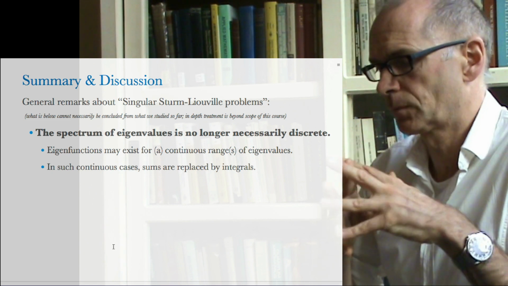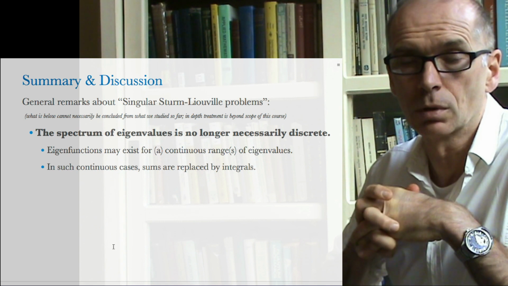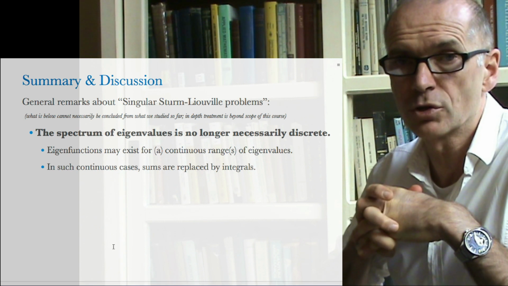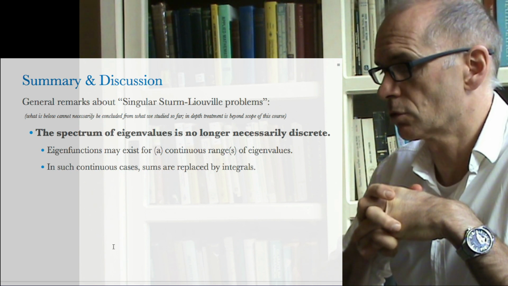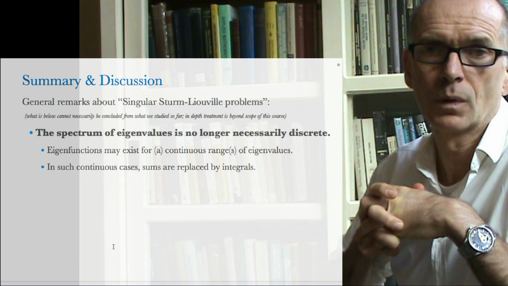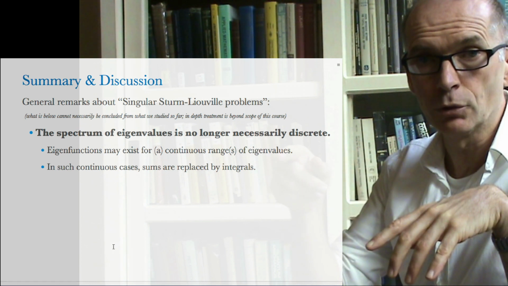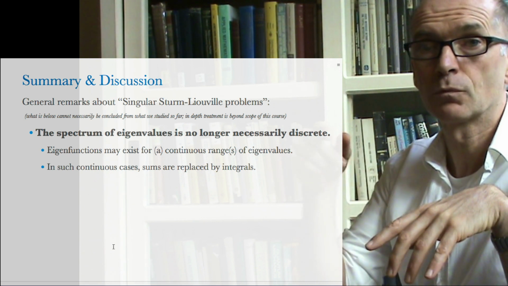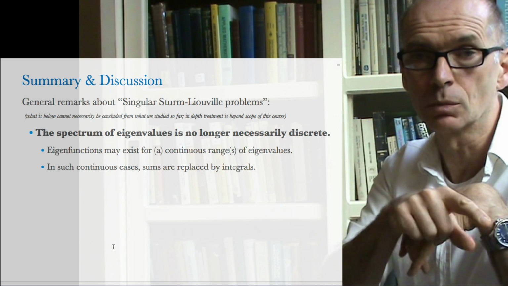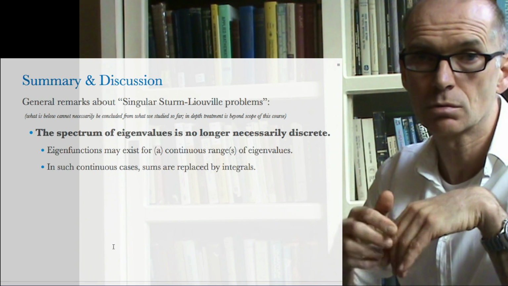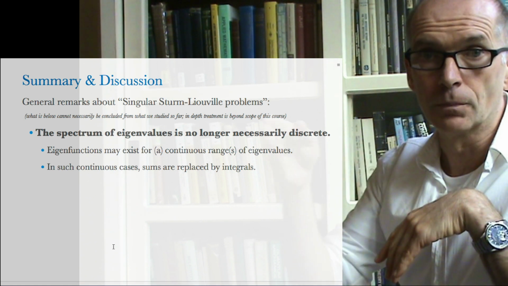One of the biggest differences between singular Sturm-Liouville problems and regular Sturm-Liouville problems is that the spectrum of eigenvalues can be non-discrete. So there can be continuous ranges of eigenvalues, and for each value you have an eigenfunction. Whereas in the regular Sturm-Liouville problems, as we saw in the previous sections, the eigenvalues are countable.